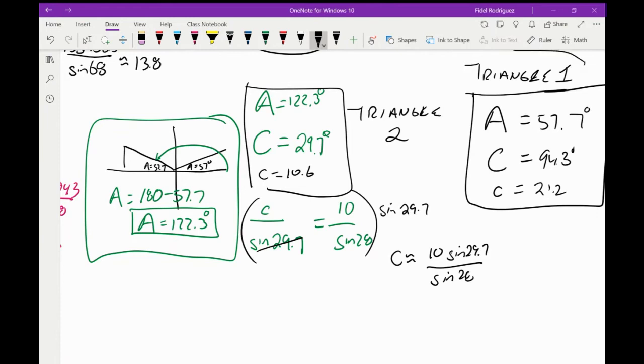Are you good on how I did this first part here? Okay, the second triangle. All right, so not the first one. Okay, good. You were good on the first triangle then.